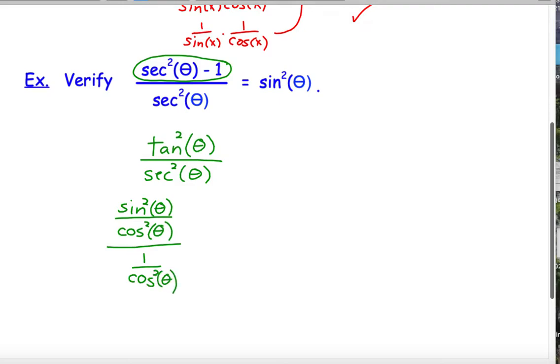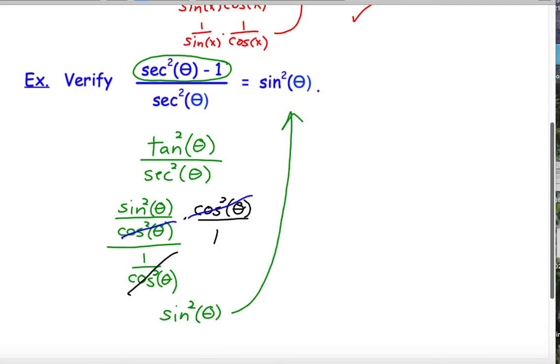And remember, complex fraction, dividing by a fraction is the same as multiplying by the reciprocal. And in this case, the cosine squareds cancel, and all I'm left with is sine squared. And that's exactly what I was trying to get on the other side of my equation. So I've verified that identity.